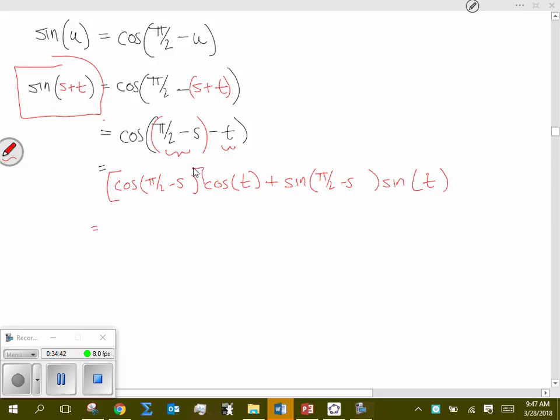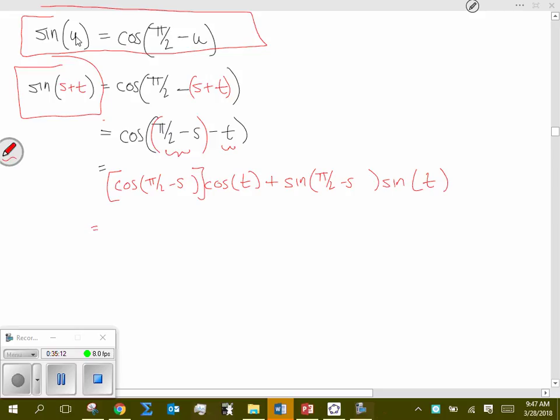This thing here, cosine of pi over 2 minus s, and there's a couple different ways you can really do this. Haven't we said that cosine of pi over 2 minus u, and it doesn't really matter what our u is, so here our u is s, but cosine of pi over 2 minus s, isn't that going to be the same thing as sine of s?